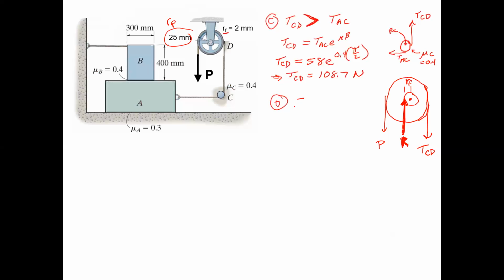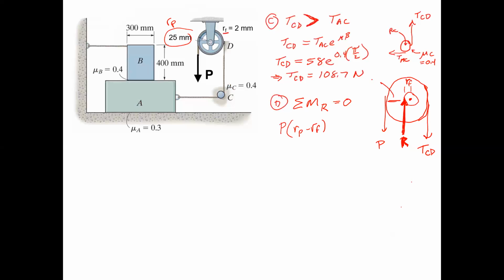So we can do the sum of the moments about where that R is applied. And the formula is P times RP minus RF, right? Because this is smaller.